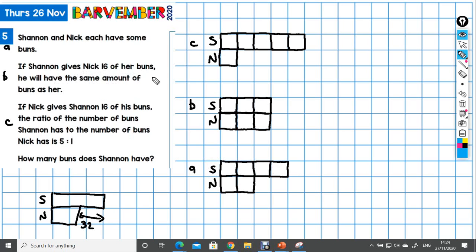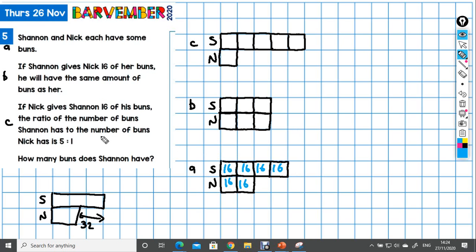If Shannon gives Nick 16 of her buns, he will have the same amount. So if this is 16 and she puts it over here, yes, he has the same amount. So if this is 16, then all of these must be 16. All the parts have the same value.